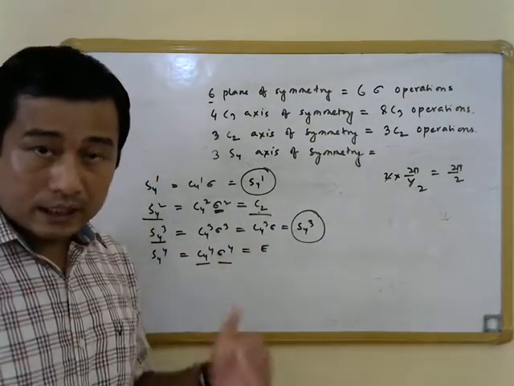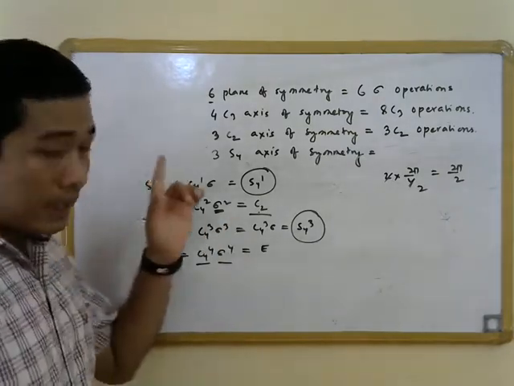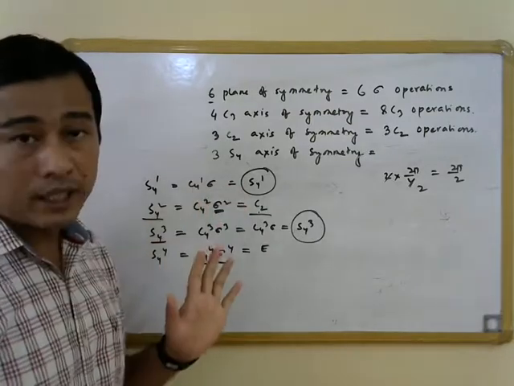So this tells us already that there is a C2 axis of symmetry which is collinear to the S4 axis of symmetry in the case of the tetrahedron.